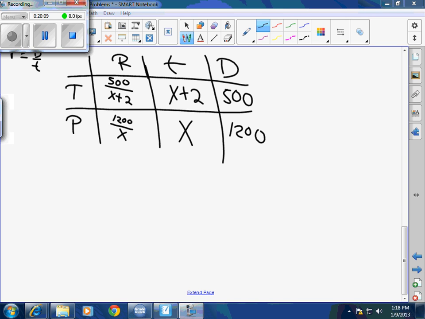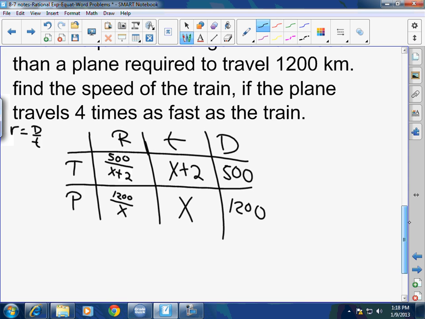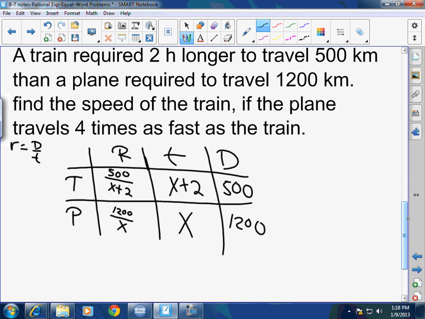Okay, Danny, the question you asked that I ignored was the part that I was missing here. Isn't the plane 1200 over x? If the plane travels 4 times as fast as the train, find the t.